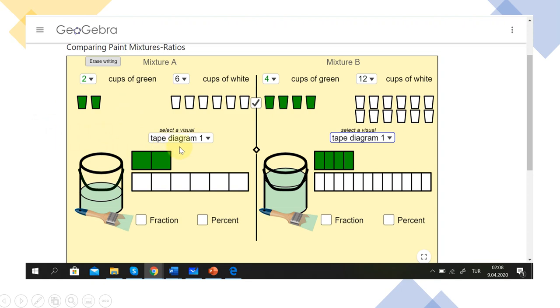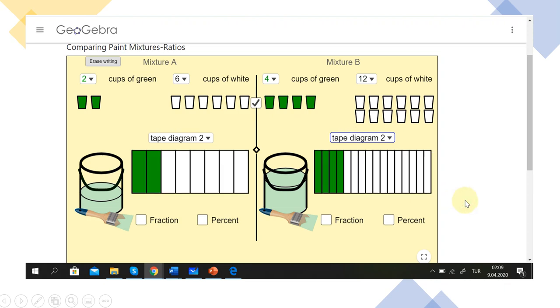For example, in tape diagram 1, they can see 2 cups of green and 6 cups of white, and in mixture B 4 cups of green and 12 cups of white. My second representation is tape diagram 2. This represents the total.